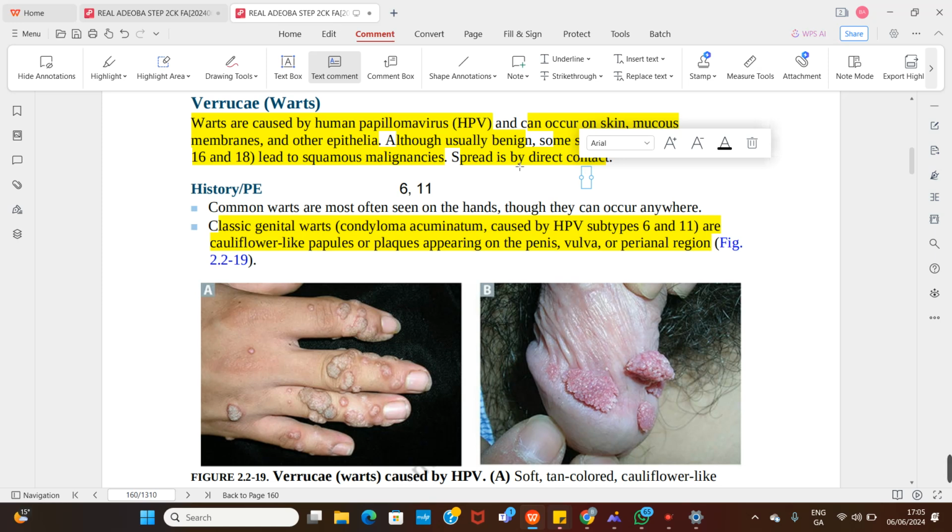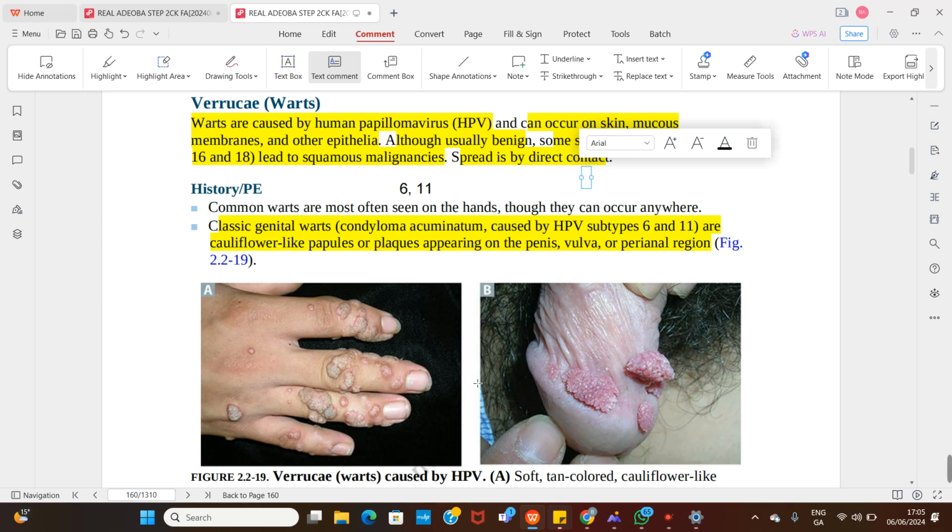The spread is usually by direct contact. That's why HPV can be transmitted sexually. Most commonly you see the wart on the hands. You can also see it in the genital areas, in the vulva, the penis, the perianal region, depending on the mechanism of transmission.